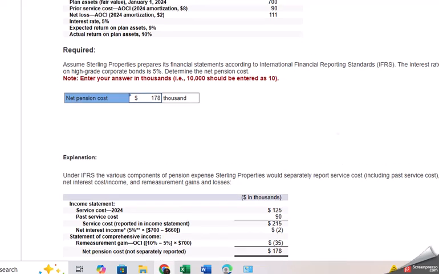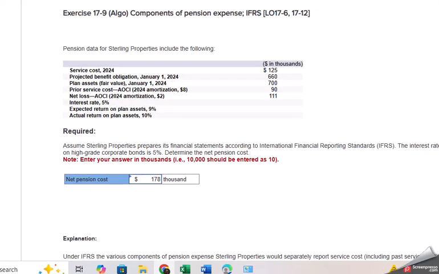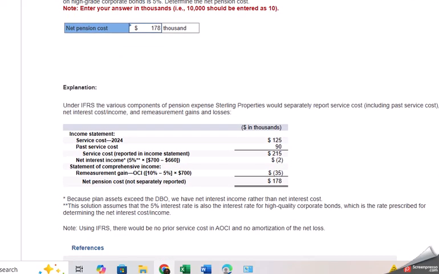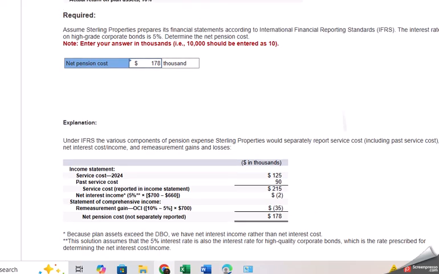And then our interest here is 5%, and it is going to be on the amount by which the plan assets exceed the benefit obligation, the difference between those. Now, in this case, notice it's a negative. In the past one, I think it was a positive because it was the reverse. The pension benefit obligation was higher than the assets.